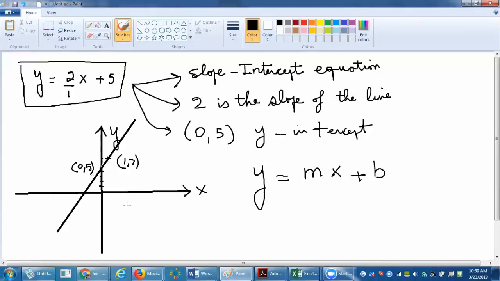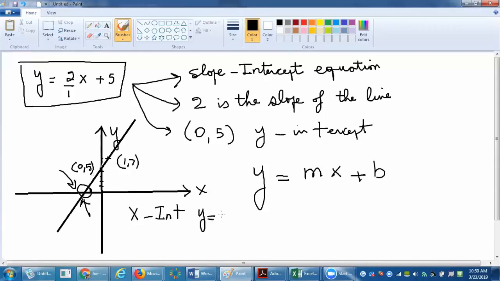Of course, we should be able to find what we call the x-intercept, which is the point here where the line crosses the x-axis. It will have y equals 0. So the x-intercept is where the line crosses the x-axis and will have y equals 0.